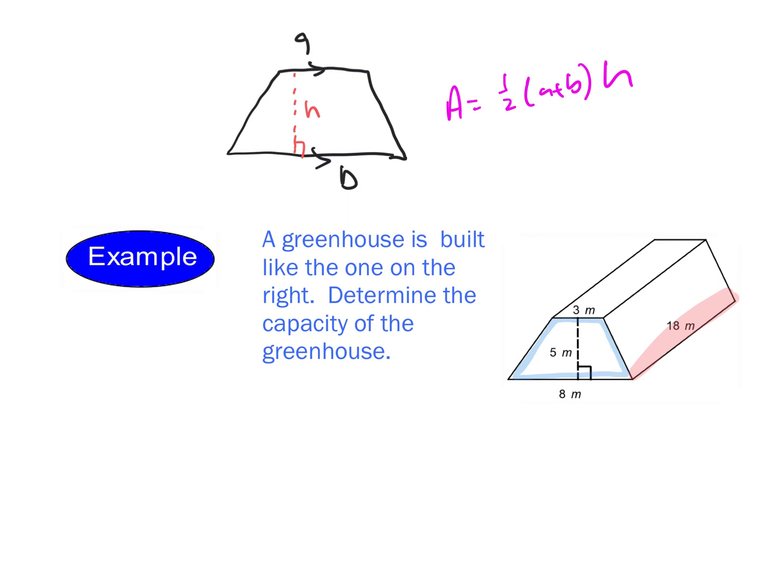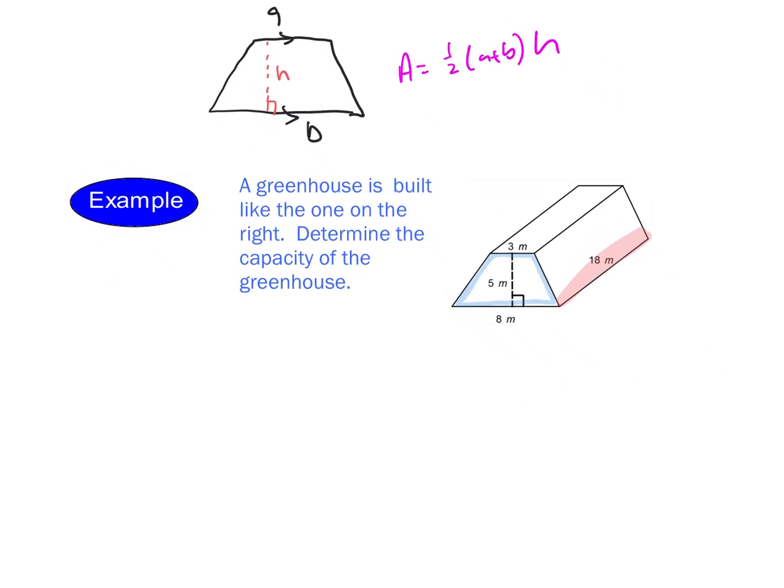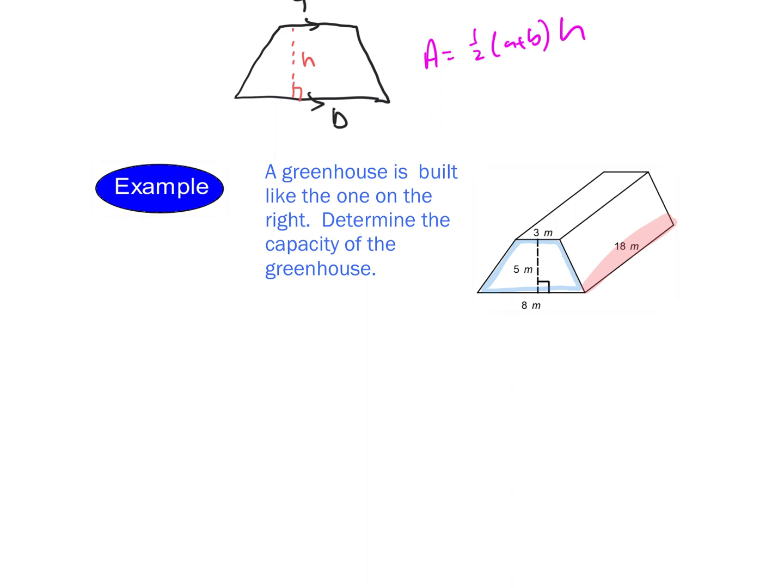Now, the front of our object is a trapezoid. So we can take that formula and copy it down here. Volume equals 1/2 A plus B times H, and that will utilize this, and this, and then we have to multiply it by the length, which is that L value.